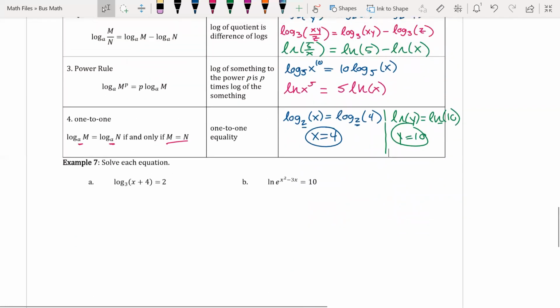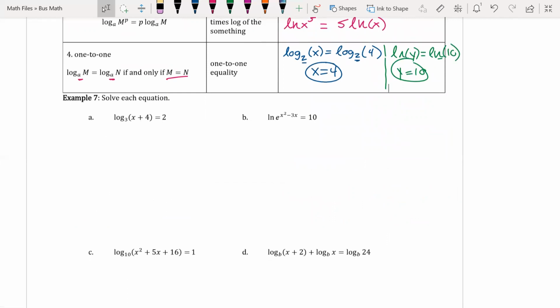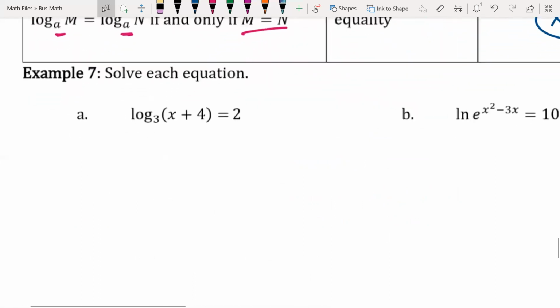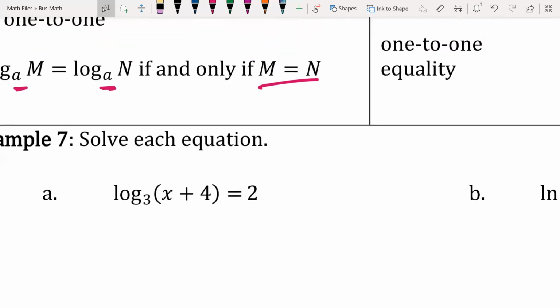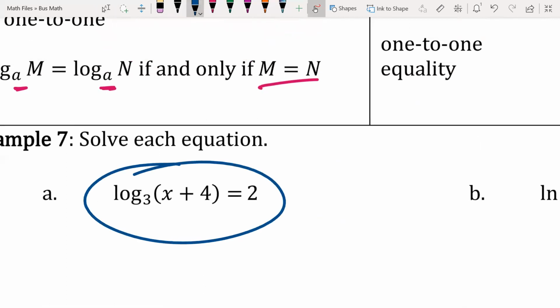Ooh la la. So 7 says solve each equation. So we're going to take everything we learned today and solve for x. Okay, so A, log base 3 of x plus 4 equals 2. Our job is to solve for x. So the only way to solve for x is to convert this equation into an exponential equation. So if you ever get stuck on a log, just know that you can always convert a log to exponential.